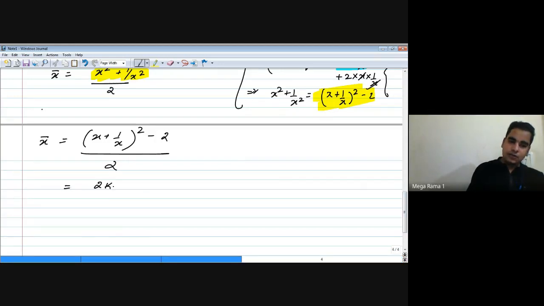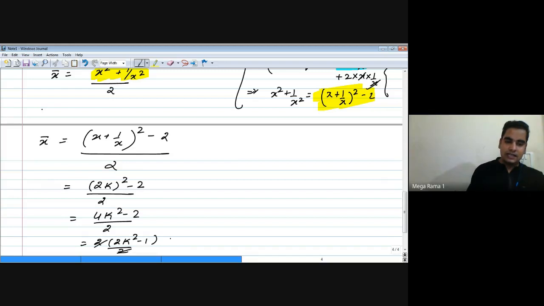So this will be 2k whole square minus 2 by 2. So this will be 4k square minus 2 by 2. You can take 2 common from the numerator. So that will be 2k square minus 1 by 2. 2 and 2 will cancel out. So I'll be having 2k square minus 1. Okay. So that means the new mean I have is equal to 2k square minus 1.